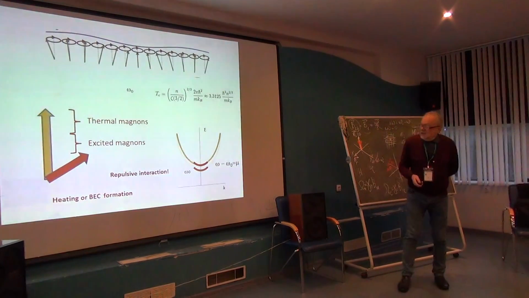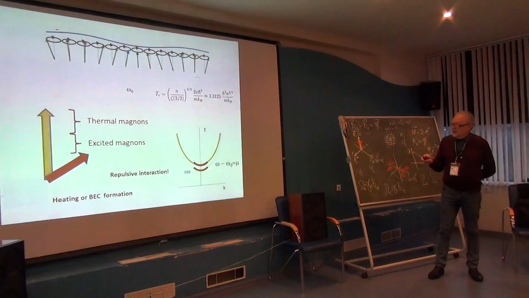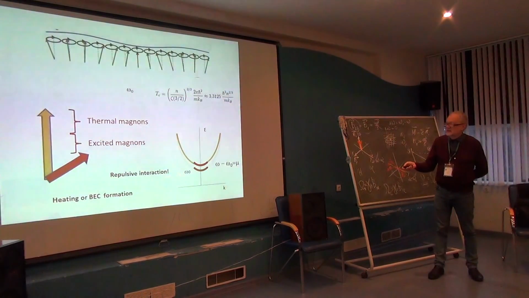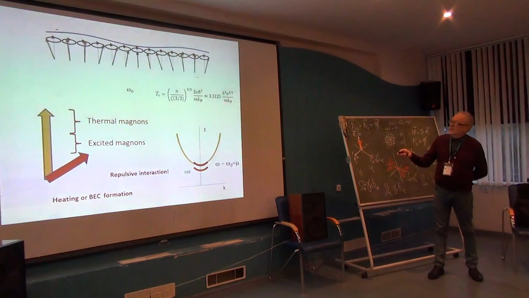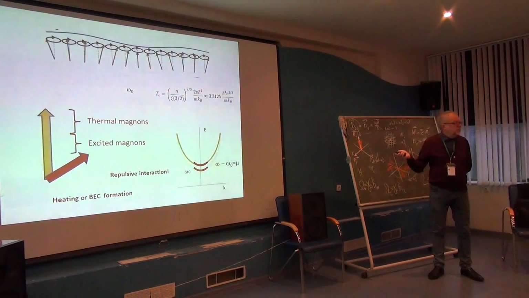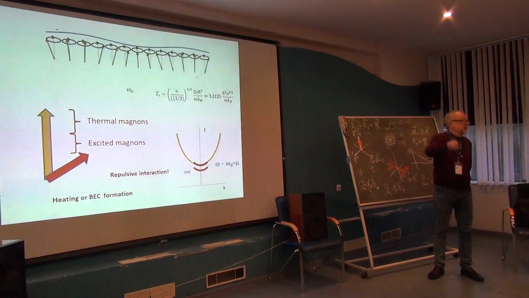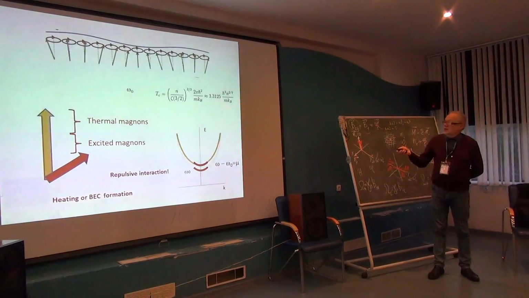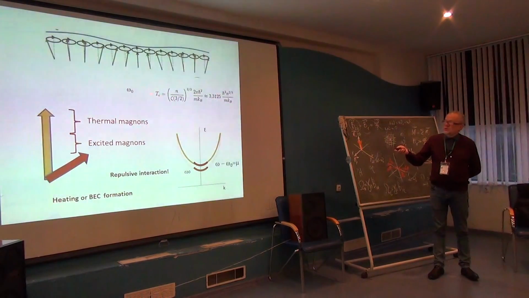And so if we deflect on some big angles, we have additional interaction which changes the energy. But here you see the number of magnons can be very big, up to Avogadro number if we deflect on 90 degrees. Mass is very small, so temperature for different parameters is very different.